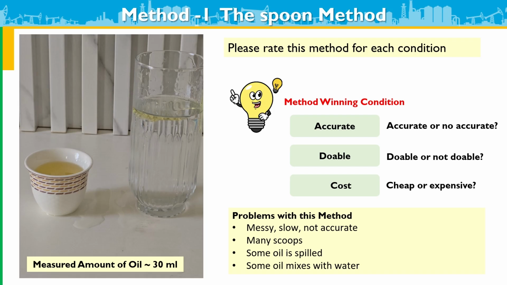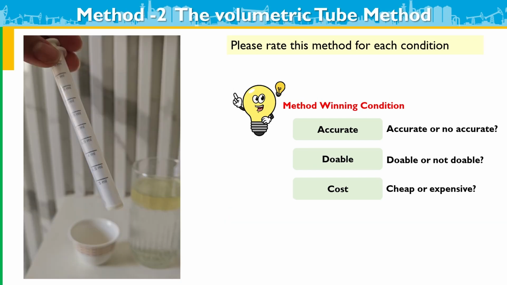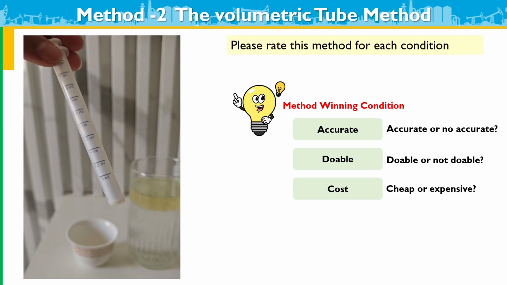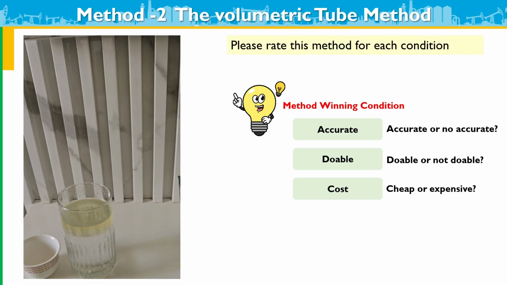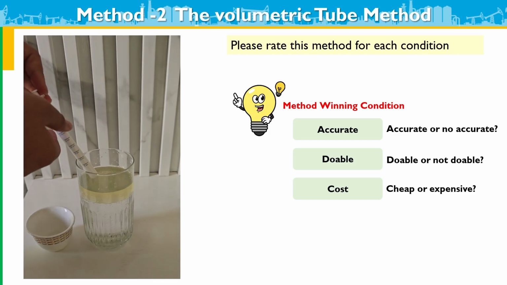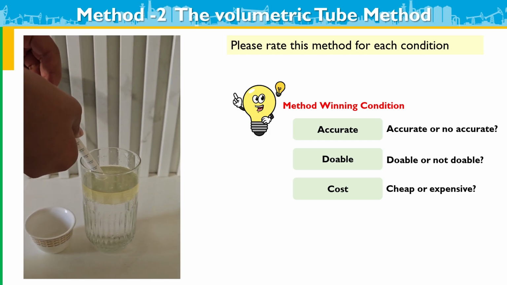Now I will take you to the second method. We will repeat the same exercise for method number 2. In this method, I'm using a volumetric tube to transfer the oil from the glass into the small cup with a capacity of 50 ml.